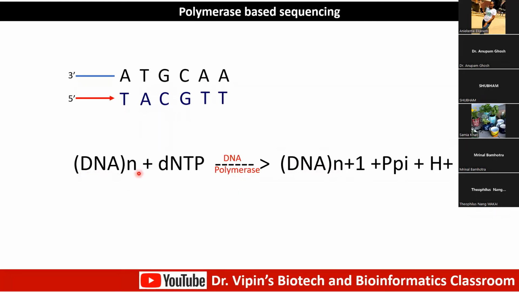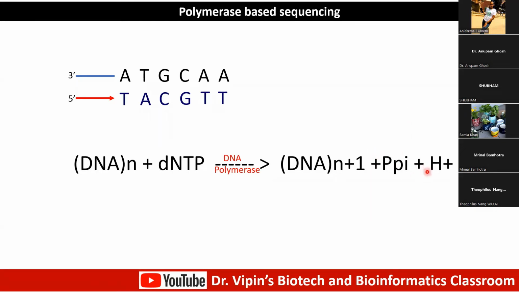You have a primer of DNA of length n. This red fragment is represented as DNA of length n. You give a dNTP and you give DNA polymerase. The primer gets extended by one nucleotide at a time, and it also releases a pyrophosphate and an H+ ion. And these are important because in some cases, you identify which nucleotide got added. In other cases, you identify by whether the pyrophosphate got released or not, especially in pyrosequencing.